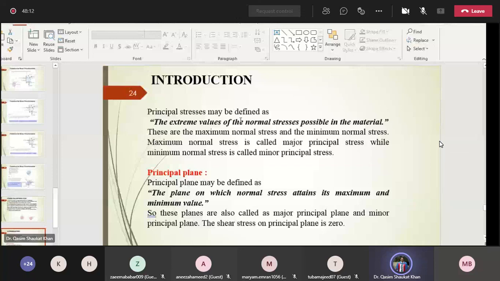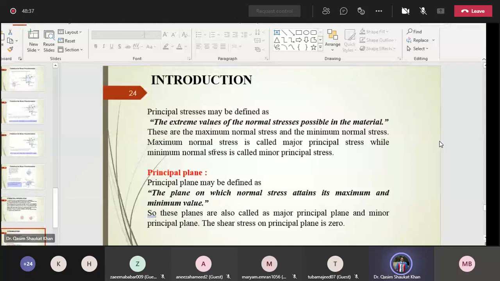These are the maximum normal stress and the minimum normal stress. The maximum normal stress will be called the major principal stress, while the minimum normal stress will be called the minor principal stress.